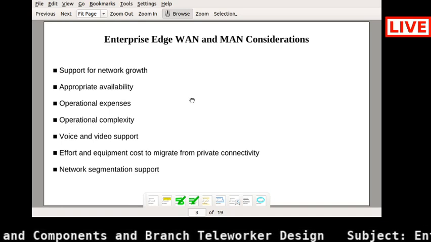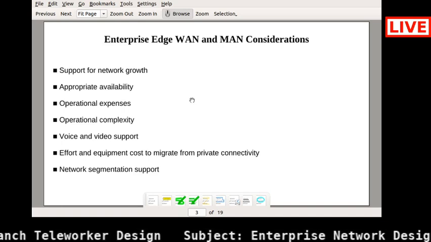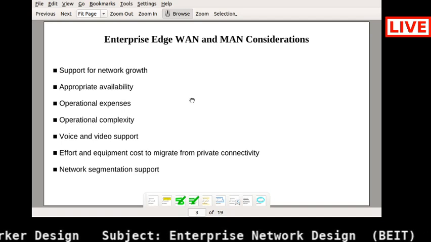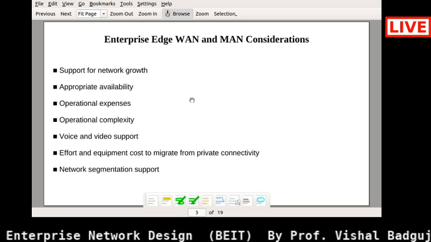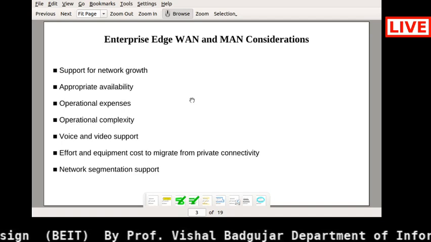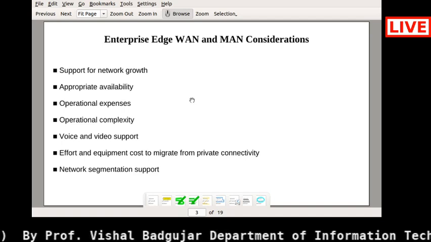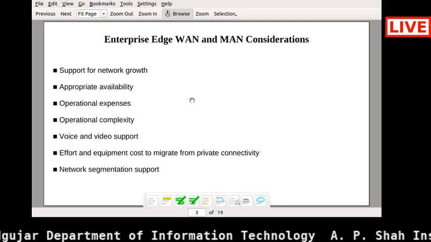So you need to think while architecting and designing how your network is going to be in the future, how your network growth would be, and accordingly select your WAN and MAN technologies for the design. You need to keep that in mind.